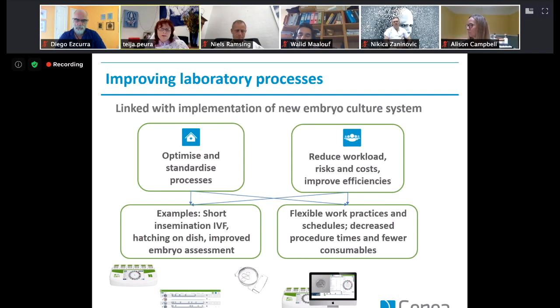Another example was hatching on a culture dish rather than moving embryos around into a separate dish for biopsy hatching. And of course, improved embryo assessment using the software became part of the clinical processes as well. Indeed, the aim being flexible work practices and other benefits gained from that.